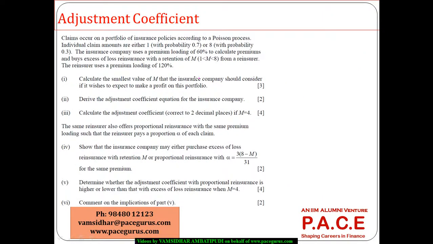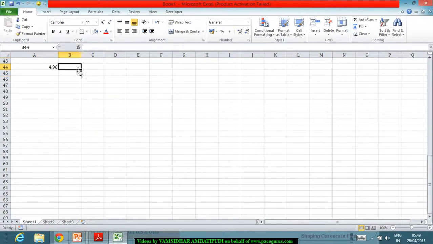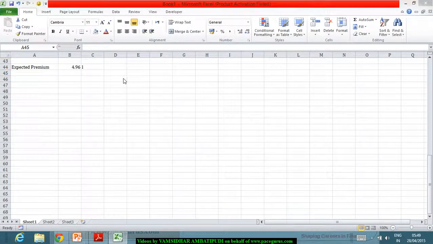So the expected premium is 4.96 lambda, which is 3.1 times 1.6 lambda.